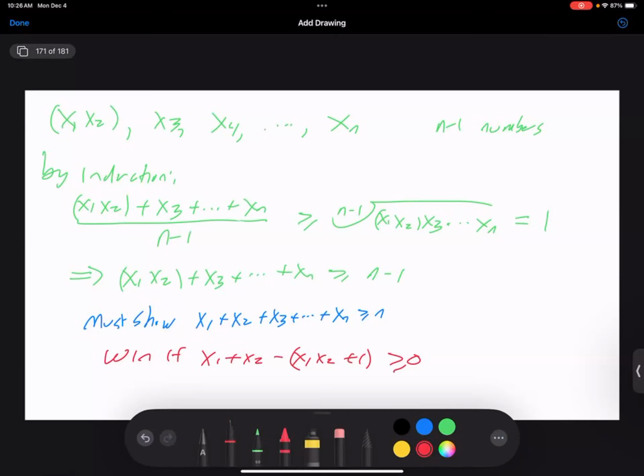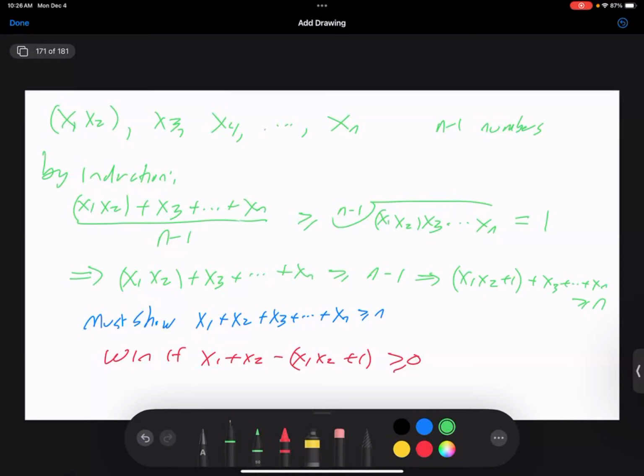then what we can do over here, this is really the same as x1 x2 plus 1 plus x3 plus ... plus xn is greater than or equal to n. Why n minus one objects?